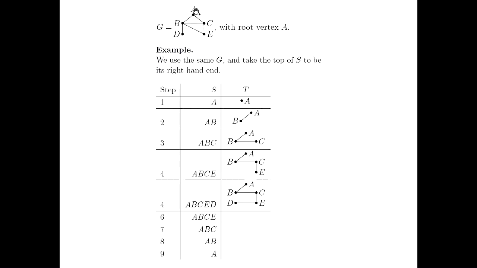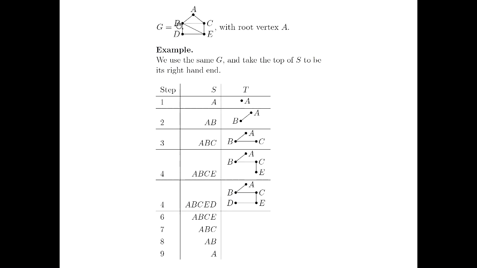Here, I sort of think in some ways these are easier to imagine. I start at A, and I look around and I say I could go to B or C. Well, I'm going to go to B because it's first in the alphabet. And now I'm at B, right? B is the top of my stack. So now I'm looking around from B and I say, where can I go?